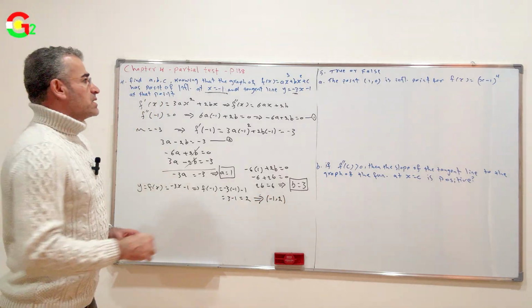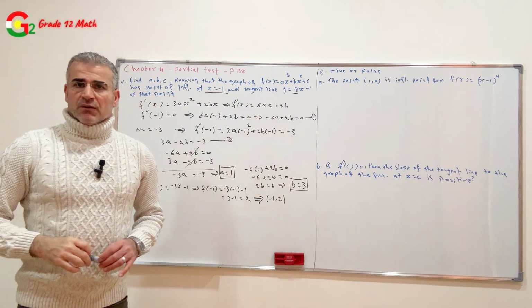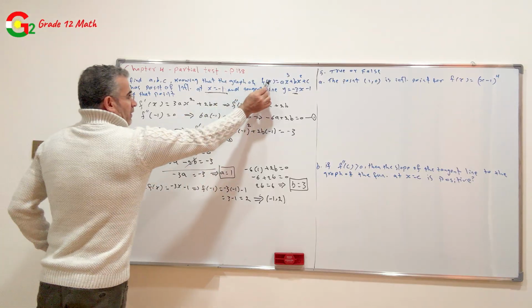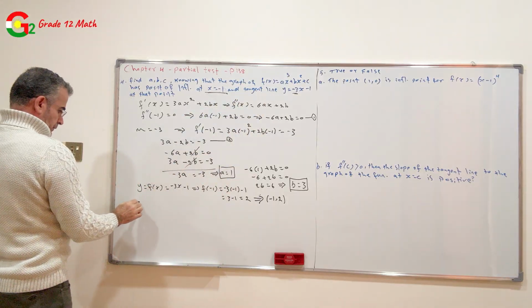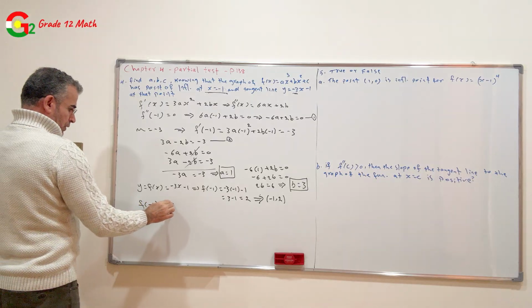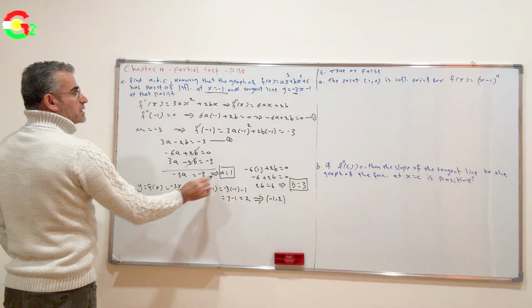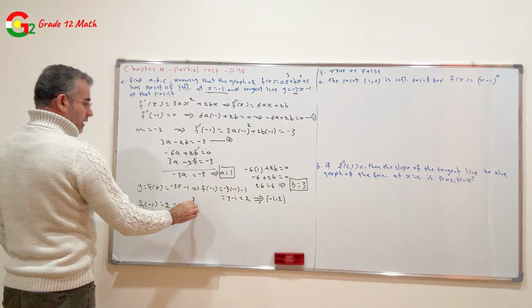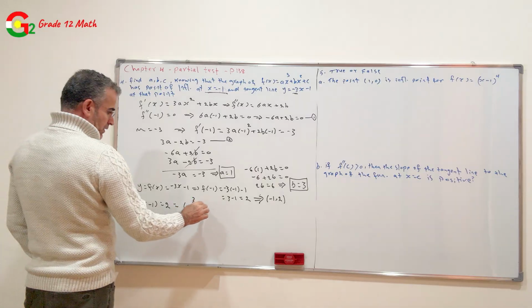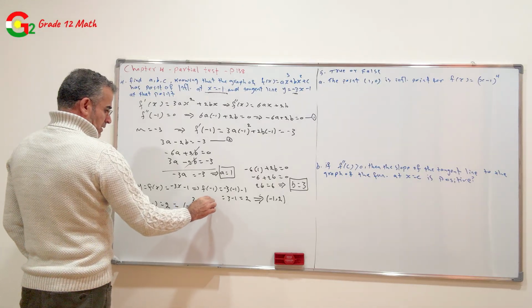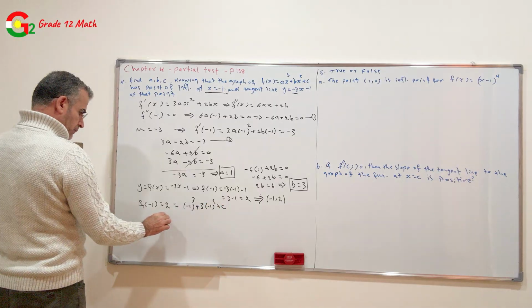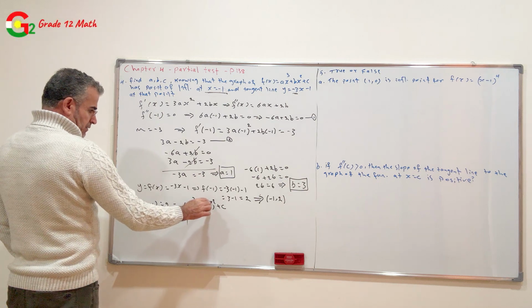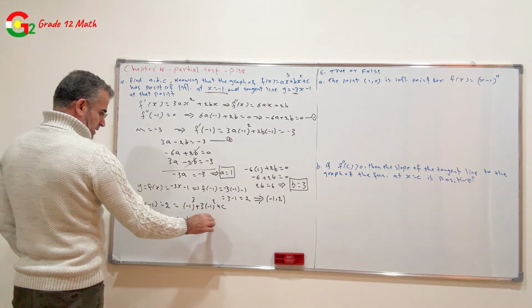Since the point of tangency belongs to the graph of the function, it satisfies the function. F of negative 1 equals, the value of a is 1, 1 times negative 1 power 3, plus the value of b, 3 times negative 1 squared, plus c. 2 equals negative 1 power 3, which is negative 1, plus 3 times negative 1 squared, which is 3, plus c.